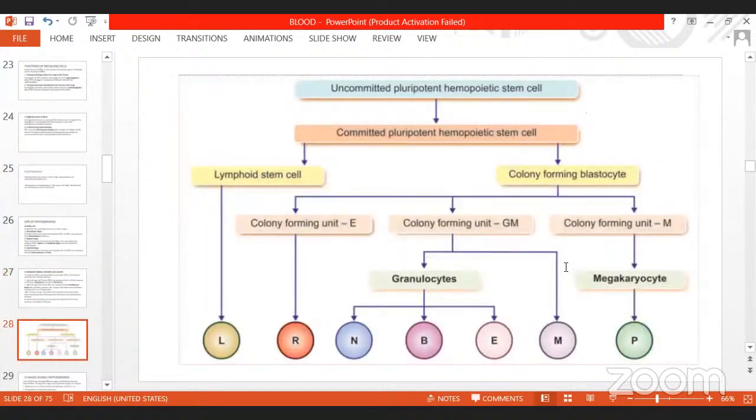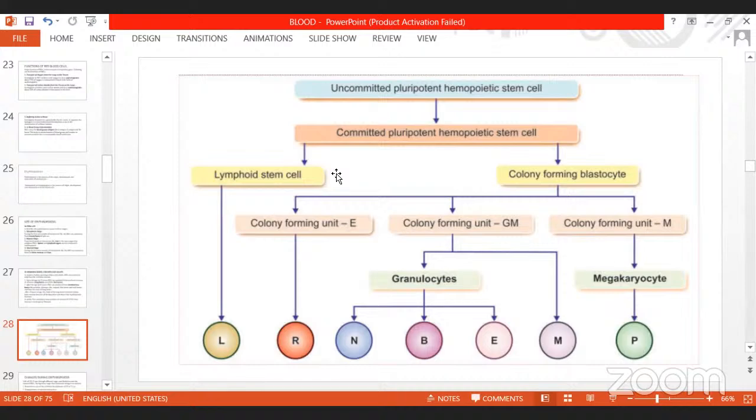So this is the process of hemopoiesis. The cells start from the uncommitted pluripotent hemopoietic stem cell, which converts to the committed pluripotent hemopoietic stem cell. From the committed pluripotent hemopoietic stem cell, the lymphoid stem cell and the colony forming blastocyte are produced.